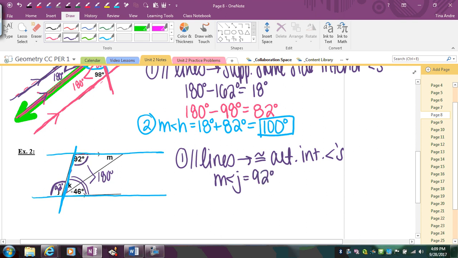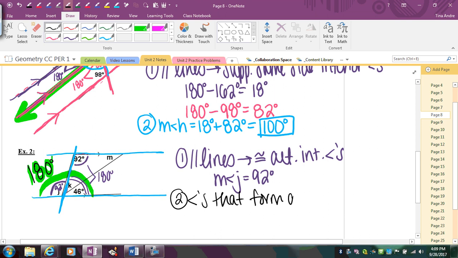And then from there, I can find angle K because I'm seeing right here that I have 180 degrees between those. So that's probably not the best choice of marker. So 180 degrees between all of those angles. So for the second piece here, I'm going to say angles that form a line add to 180.